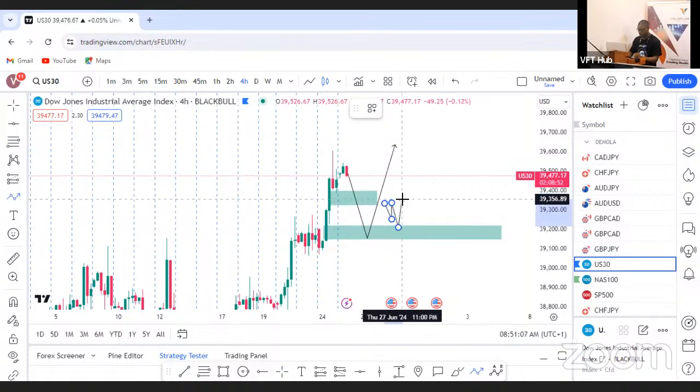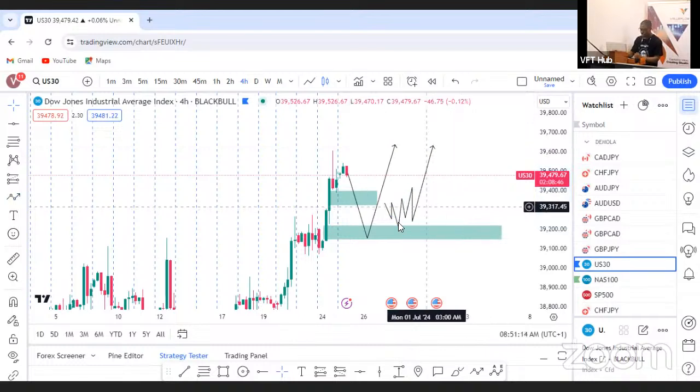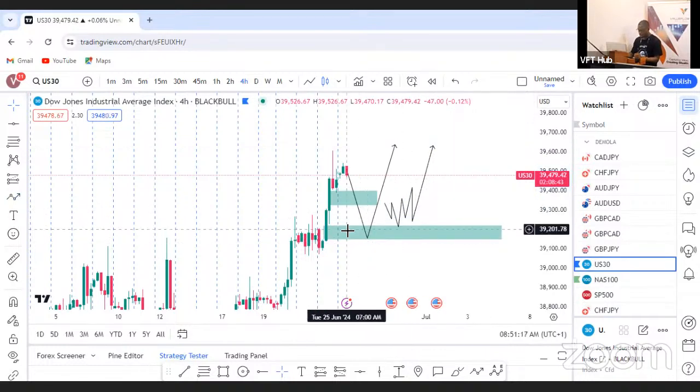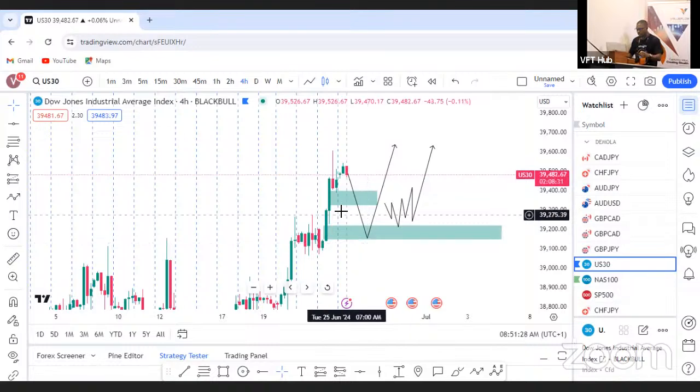Those that are familiar with how we trade the markets, something like this on lower time frame. So we'll be looking for something like this around this region: a sweep of liquidity, break of structure to the upside, another break of structure, and then price coming to take out the low that was formed before the sweep of liquidity, and then we join the ride to the upside.